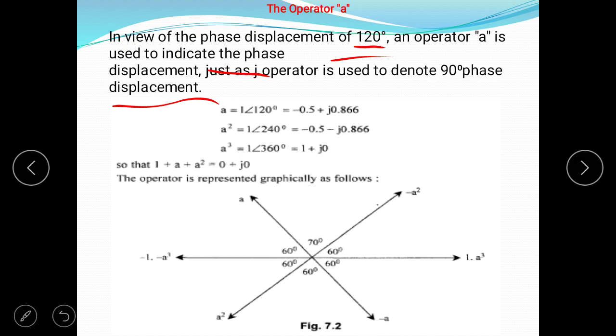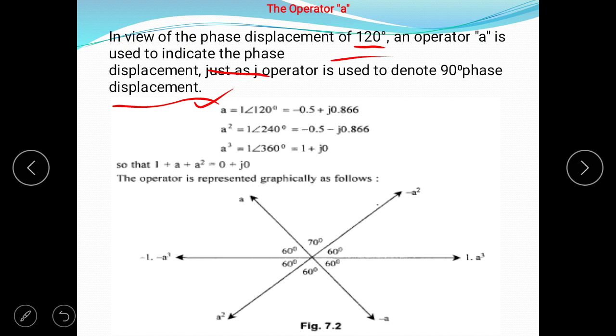Simply it means when operator A is operated with any phase, then this operator rotates that phase by 120 degree in anti-clockwise direction. But there is no change in magnitude of that phase. So this is the simple procedure of operator A. So the value of operator A is 1 by angle 120 degree, means magnitude is 1 and phase displacement is 120 degree.